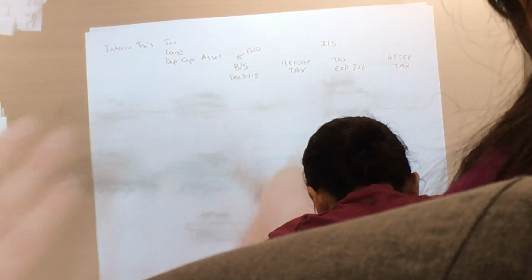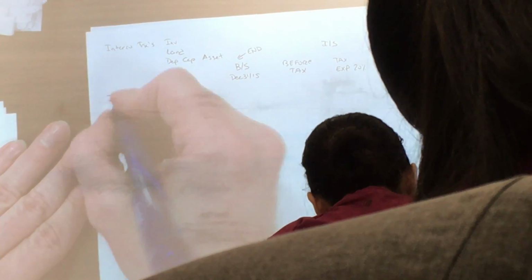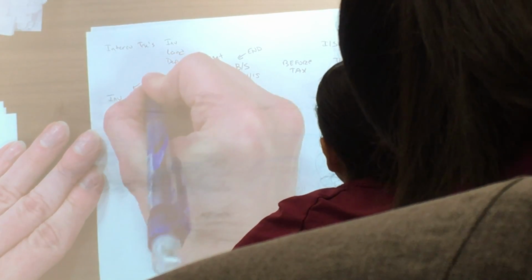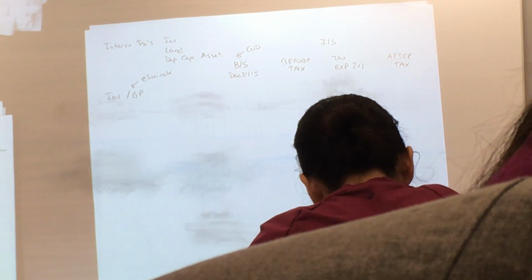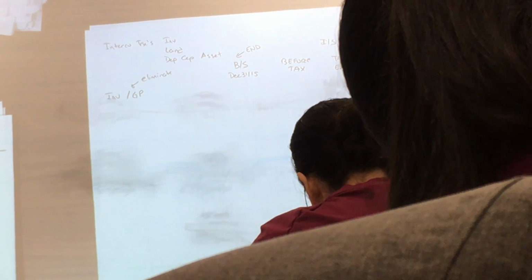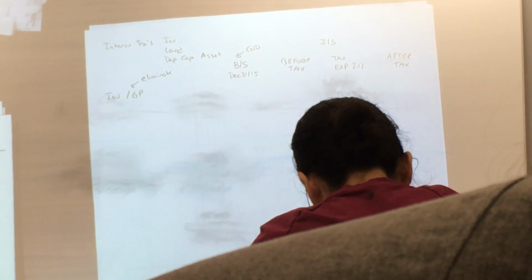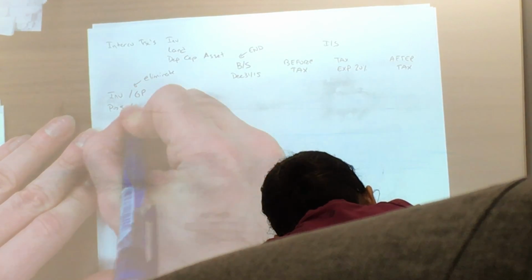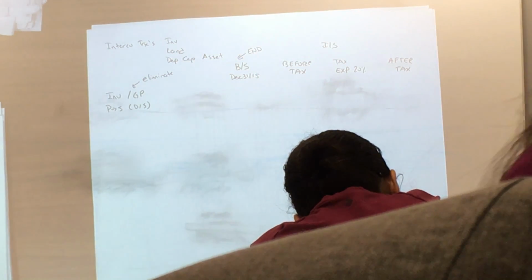So we'll start off by looking at our inventory and our gross profit. In other words, we need to eliminate. That's why we're doing this. We're looking at those things that we need to eliminate or make adjustments to when we do our consolidations. So we'll start off with our parent to sub, which is downstream, and we go through the motions.